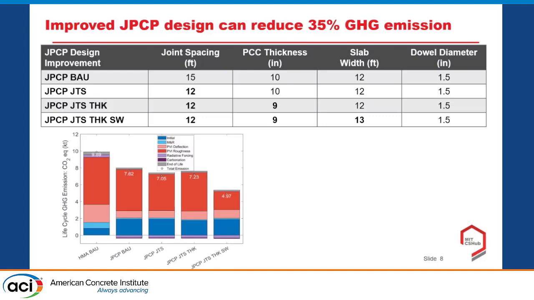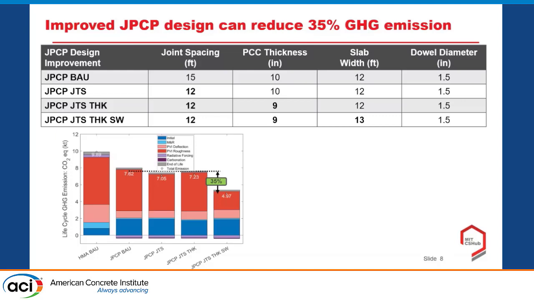So we have this result here. From the GPCP alternatives, we saw that there's a reduction relative to the GPCP BAU, and it's also lower than GPCP with the thickness change, which has a little higher life cycle emission. But finally, we found that the final trial, with 12 feet joint spacing, 9-inch PCC thickness, and 13 feet slab width, can reduce the original GPCP life cycle GHG emission by about 35%.